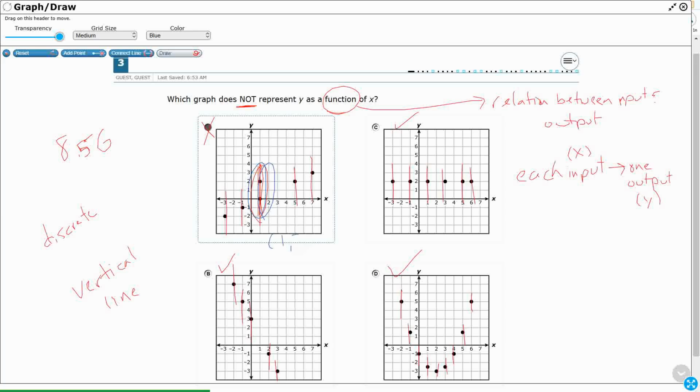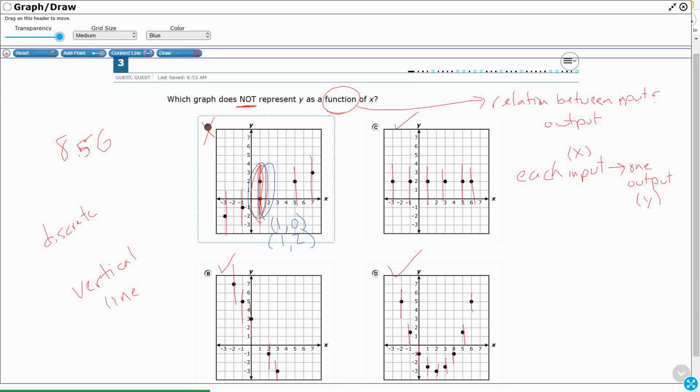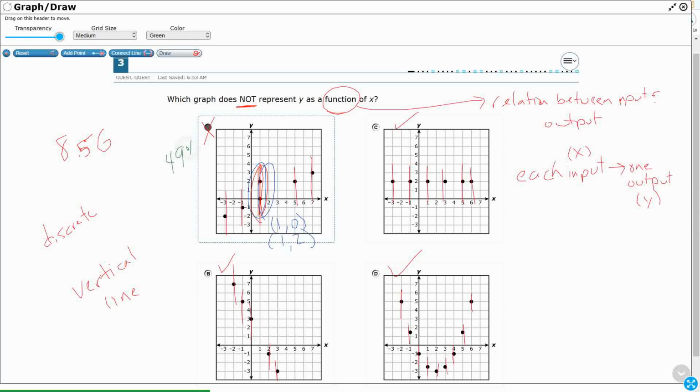We've got (1, 2) and then we've got (1, 0). And when you have two y values coming out of the same x, then it's not a function. So that is our correct answer. Now, this one was a little bit more challenging. And so we had 49% of our students get that one correct.